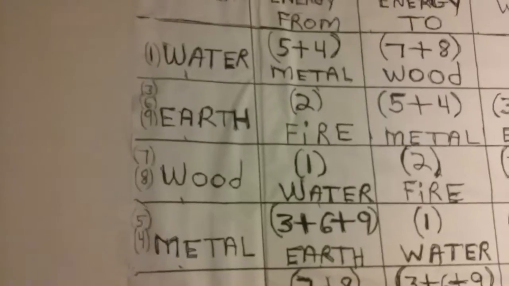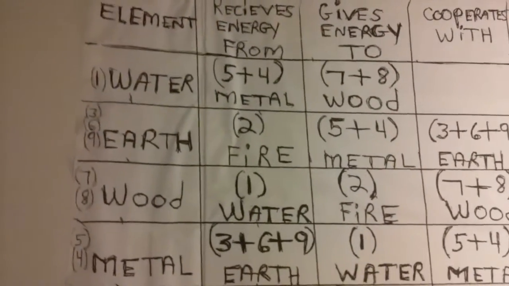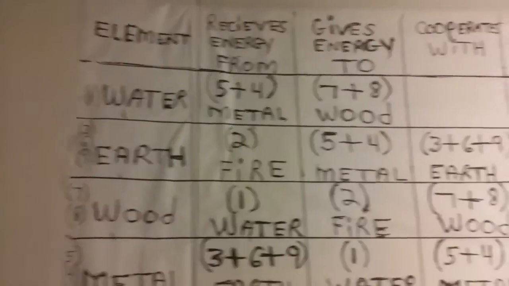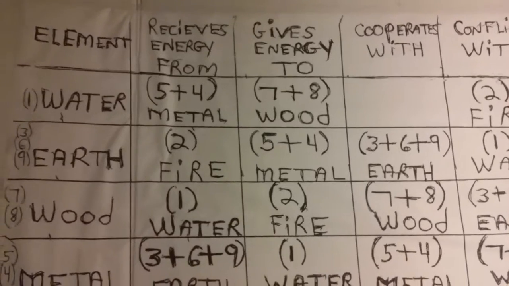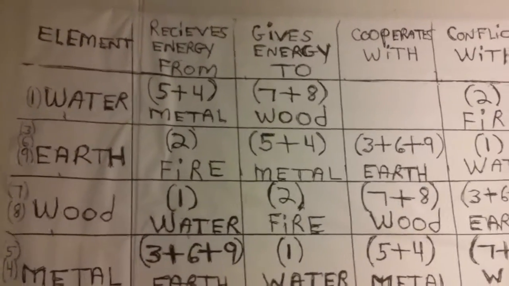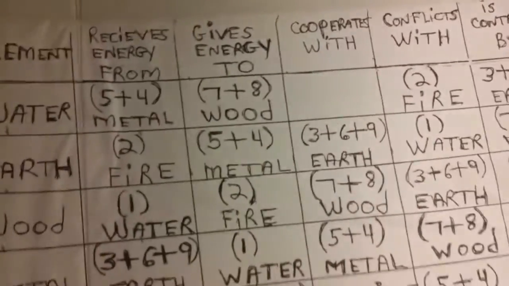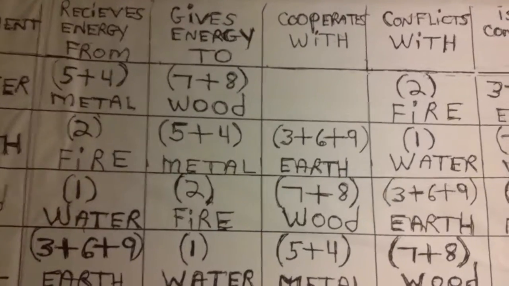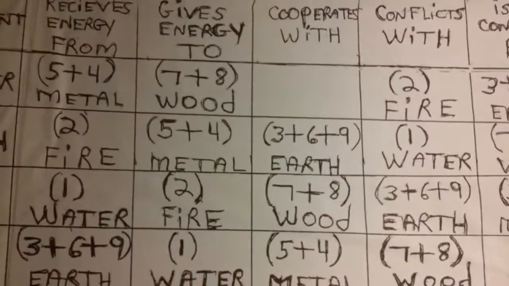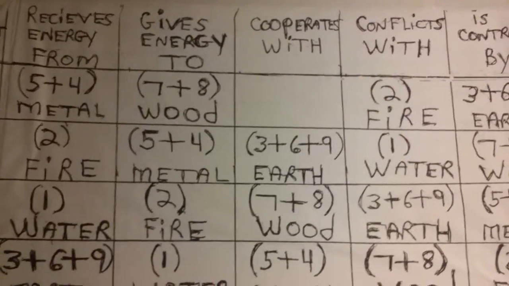Now, if you look at Earth, it receives energy from fire. In other words, a volcano gives the Earth a lot of energy, and it gives energy to metal. In other words, when metal's in the Earth, it gets its minerals from the Earth, and it cooperates with other Earth factors, which is 3, 6, and 9.